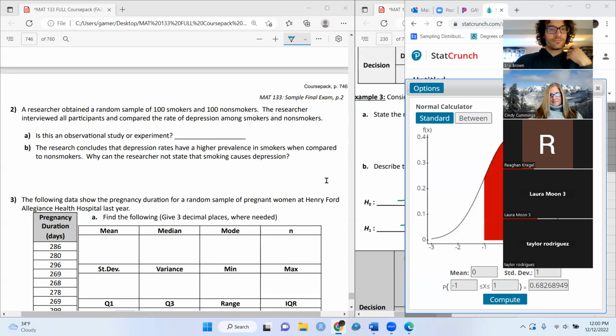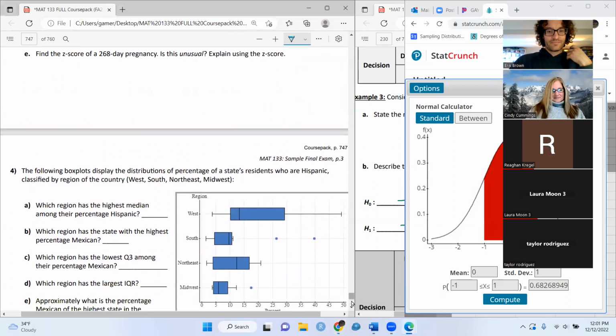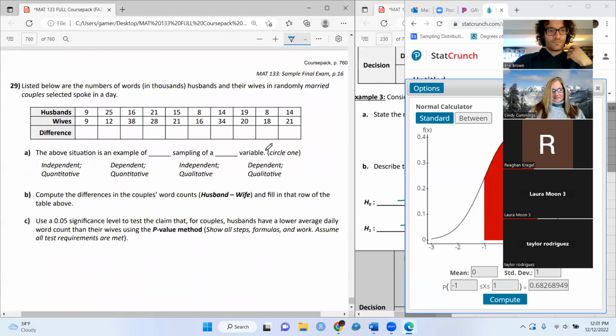Okay, I need you all ready. For number 29, it's the very last one. Does this all have to go into StatCrunch, right? Yes. So it's obviously dependent because it's a difference. Quantity, not quantitative.